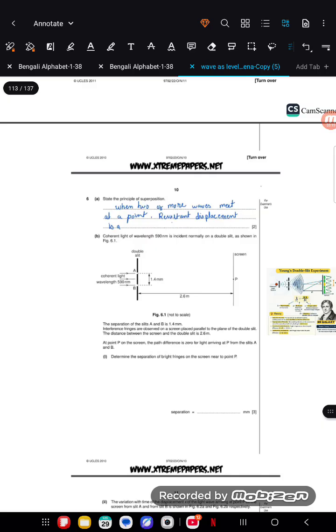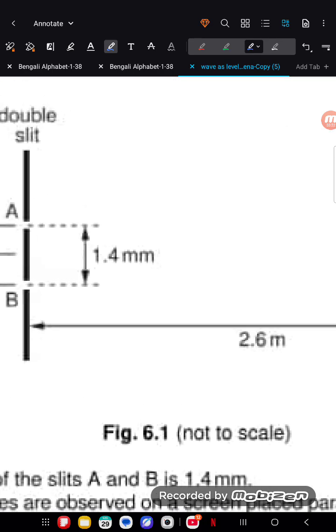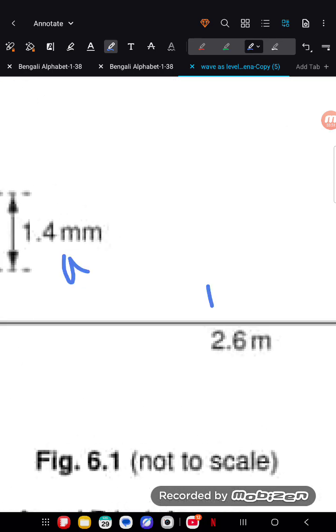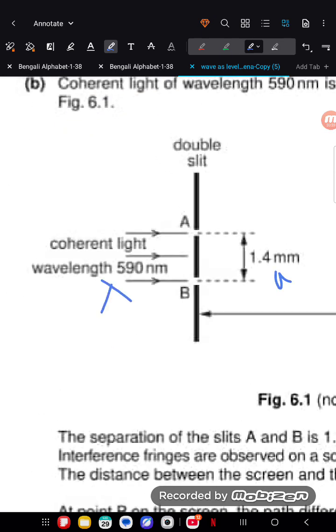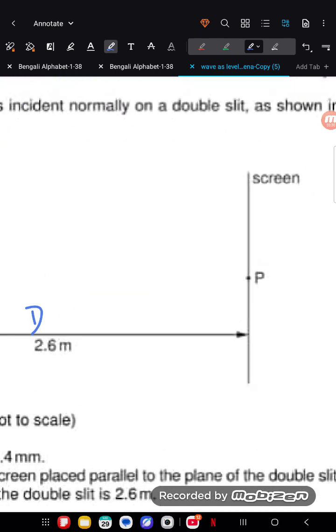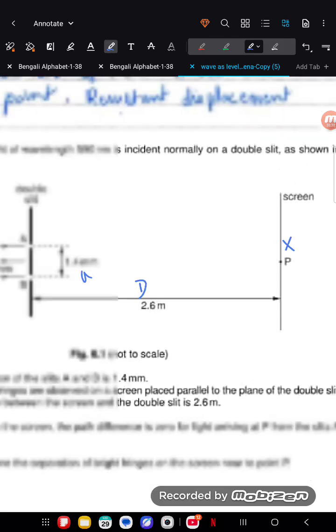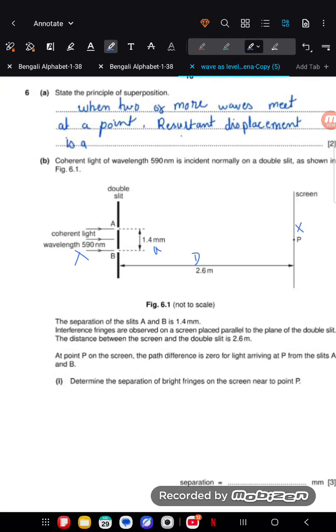So here one more question is here, October 2010, question number 3. What are the things given? A is given, D is given, and wavelength is given. Definitely they will say to find x, the distance between two bright fringes, right?